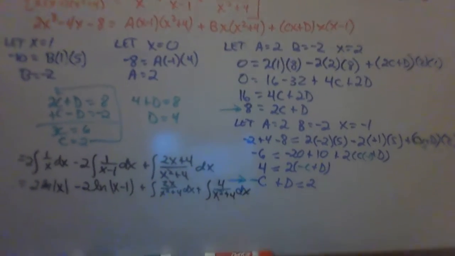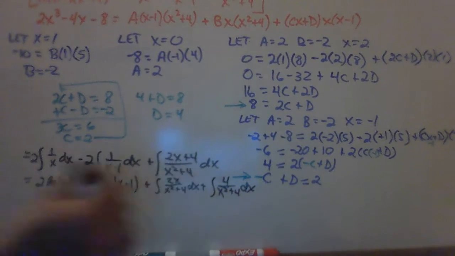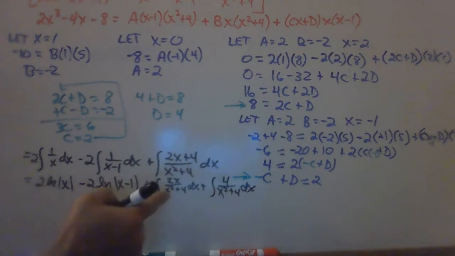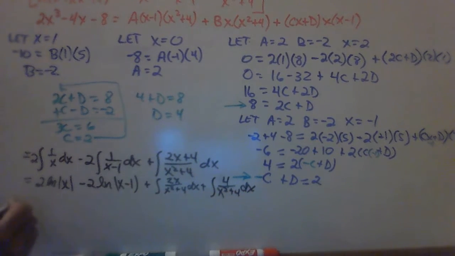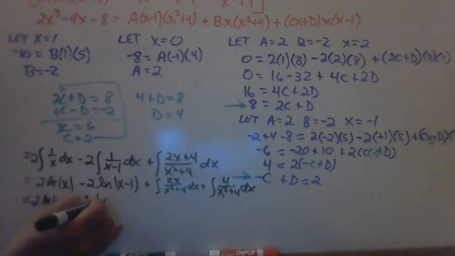Running out of room. Okay, so I just broke this fraction in half because I can use u substitution on this part. So this part right here is done. I don't really have to do much with this, except copy it down. 2 natural log absolute value of x minus 2 natural log absolute value of x minus 1.